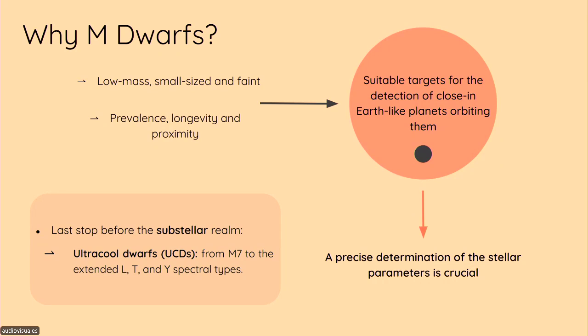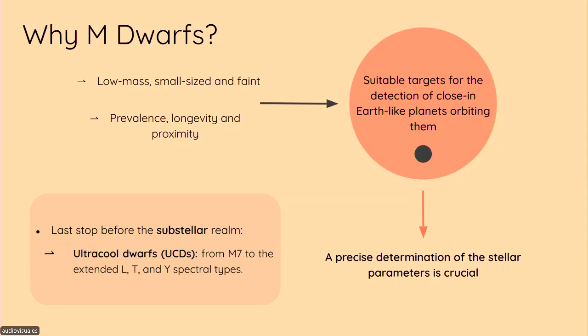Okay, but in this field, it is crucial to have a precise determination of the stellar parameters to correctly characterize the exoplanet that we detect. Okay, and this is a very complex topic in M dwarfs because, as they have very low temperatures, we can find a lot of molecular absorption bands in their spectra that make it very difficult or non-trivial to estimate the stellar parameters from these spectra.